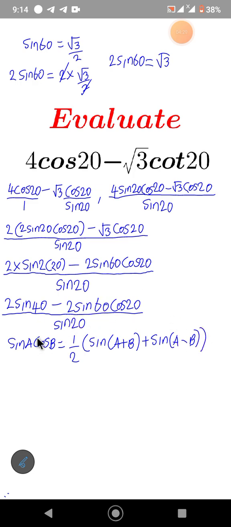Now my A here now is what? 60, while my B is 20. So I can say sine 60 cos 20 is equal to 1 all over 2 open bracket sine bracket A is 60, so here will become 60 plus B is 20, so here will become 20, close my bracket, plus sine 60 minus 20.